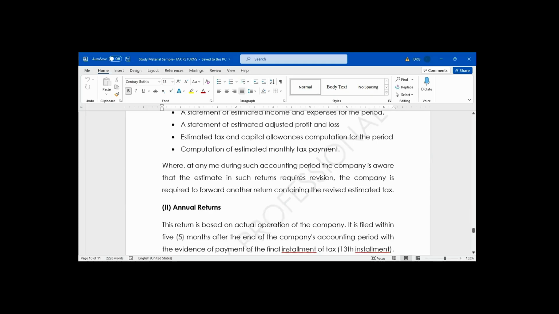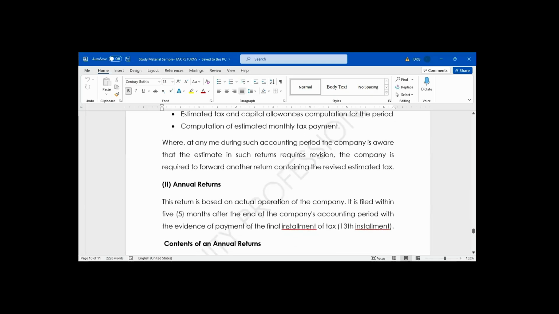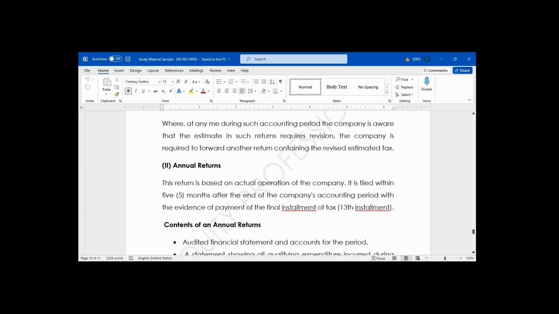This is the first return filed by companies engaged in upstream petroleum operation. That is estimated return. In the case of actual return, it is called annual return. This actual return or annual return is filed after the end of the accounting year.